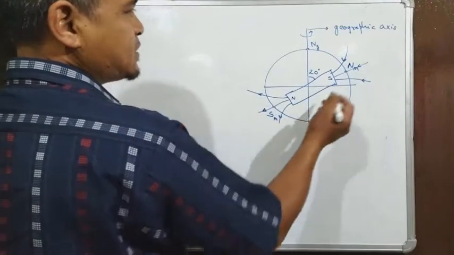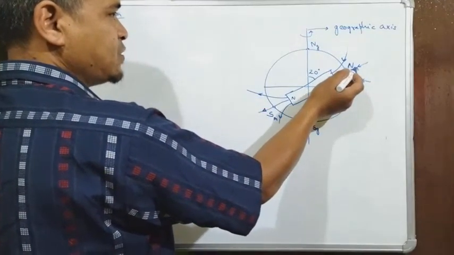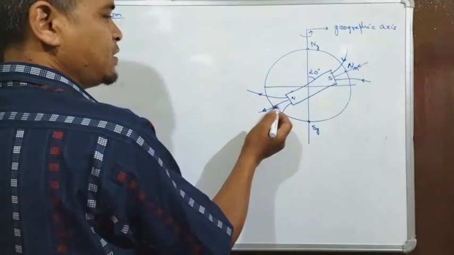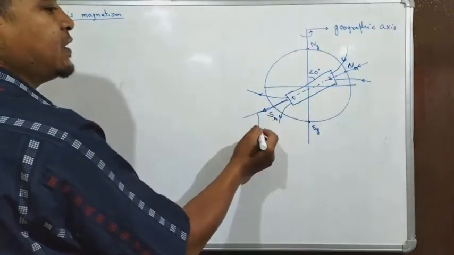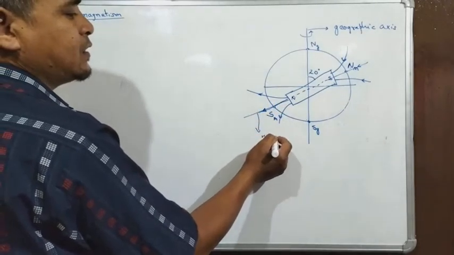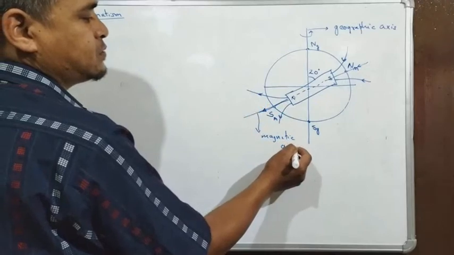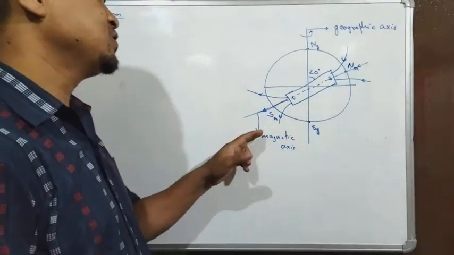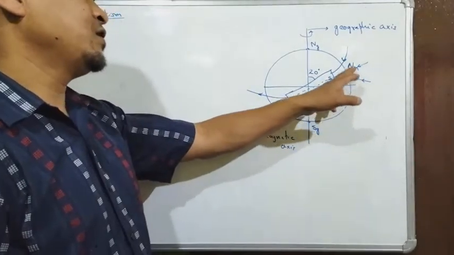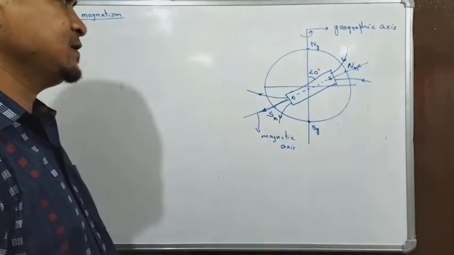Another point: if I draw a line which passes through the magnetic north and the magnetic south of the earth, then this line is known as the magnetic axis. So what is a magnetic axis? A line which passes through the magnetic north and magnetic south of the earth is known as the magnetic axis.